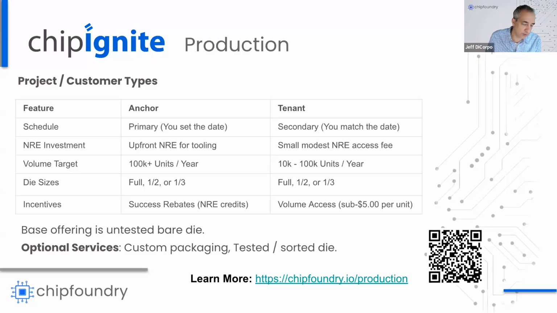And then we also will support customized packaging based on specific requirements. So if you engage with us and reach out to us, we would set up a call and have a conversation, talk about your specific requirements, and how we can best meet those.